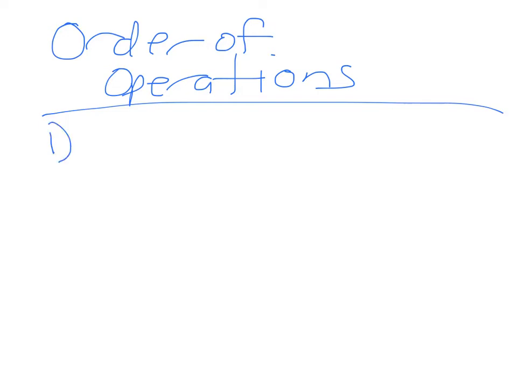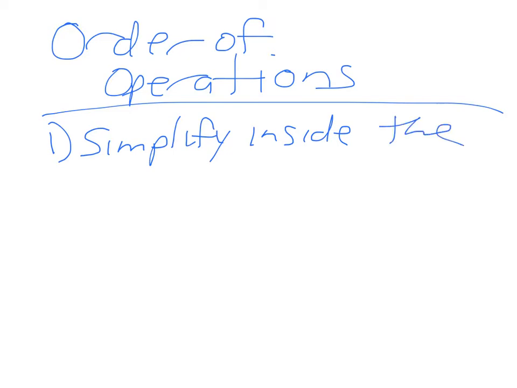Number one, the first step, is to simplify inside the parentheses. Oop, no, let's back up. Okay, let's see if we could erase that. There we go. Inside the parentheses. That's the first thing.